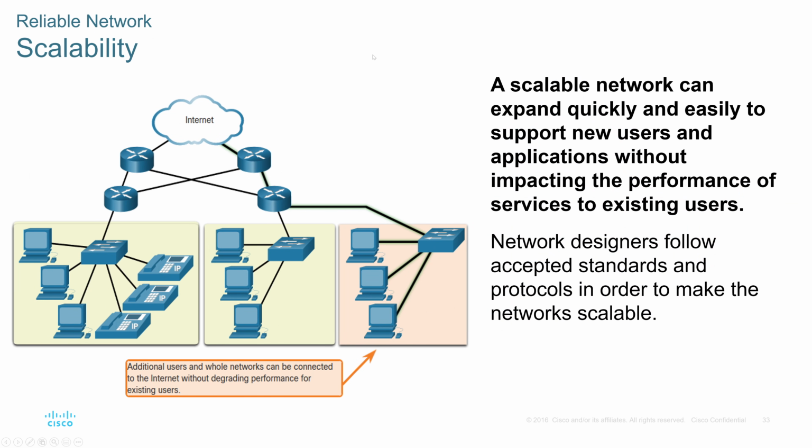The next characteristic of a reliable network is scalability. A scalable network can expand quickly and easily to support new users and applications, also end users and end devices, without impacting the performance of the services to existing users. This is a very important concept.